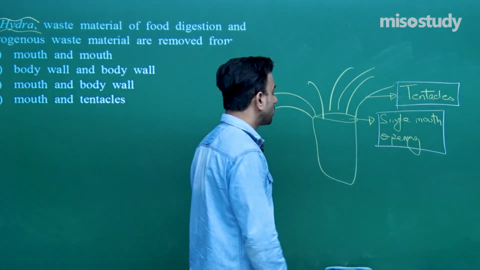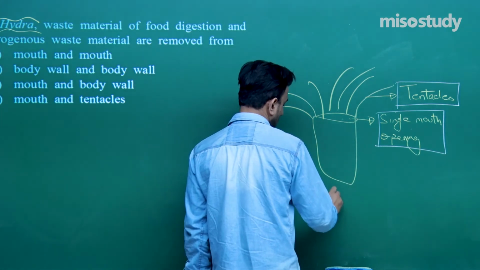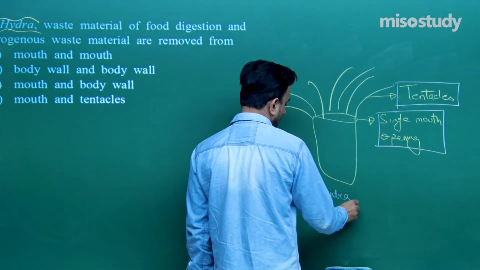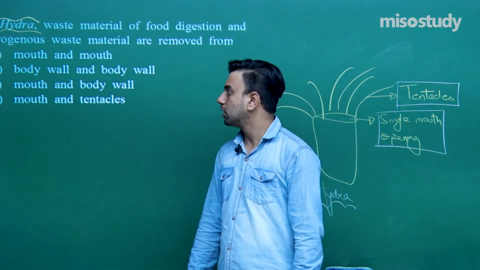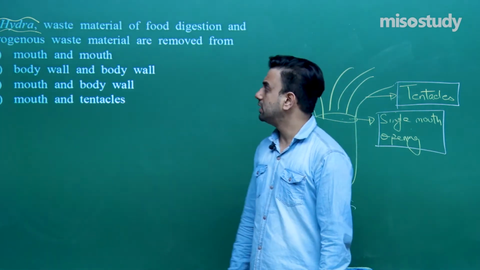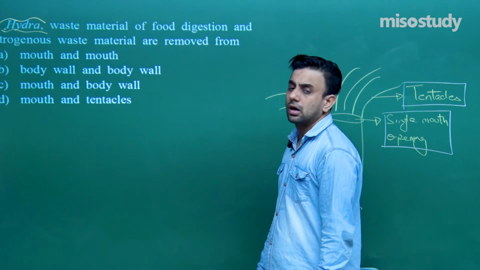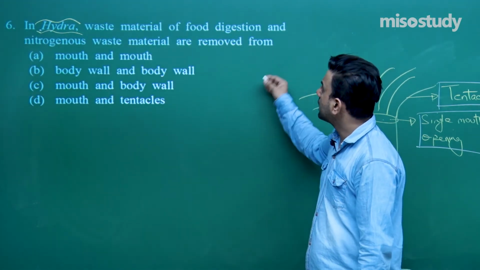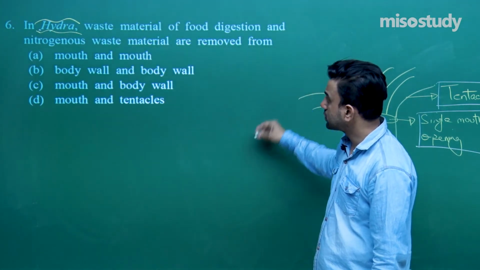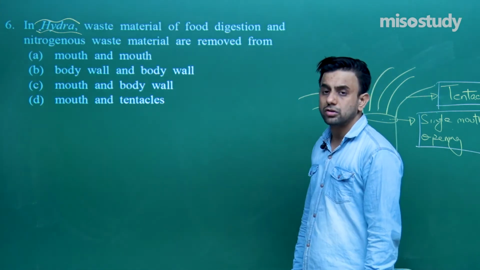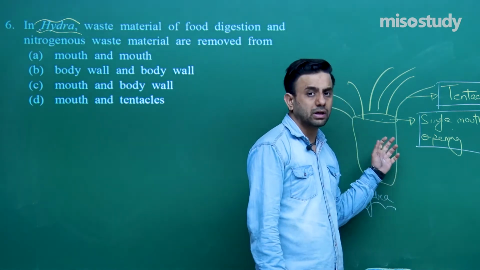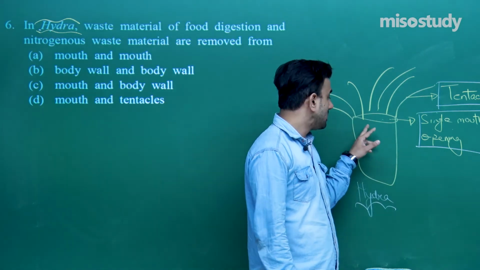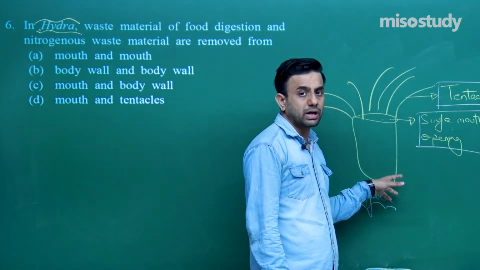They have a single mouth opening, there is no double opening in the form of anus.